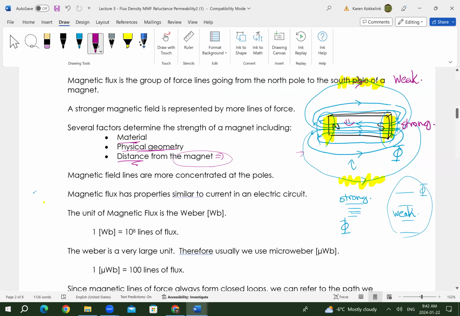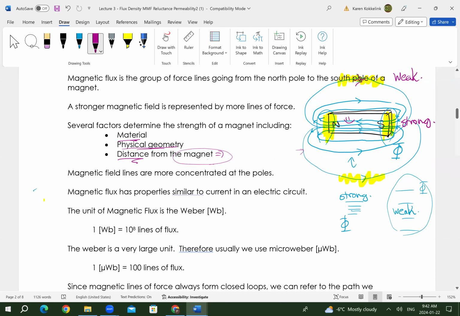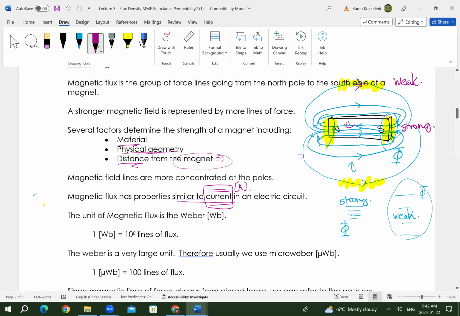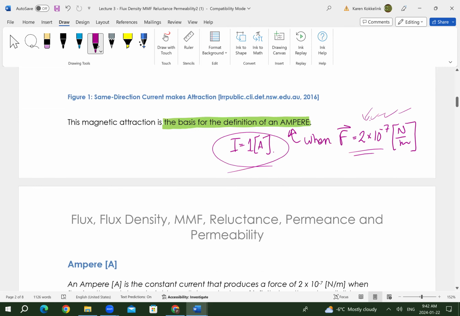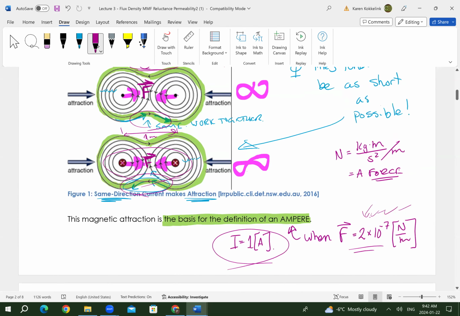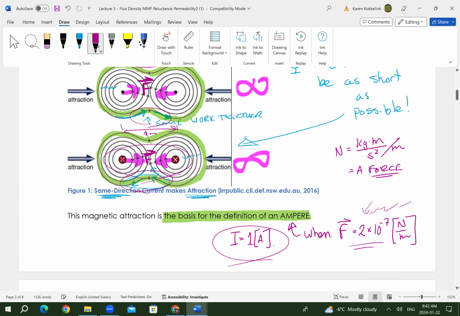They do have properties similar to current, measured in amps, in an electric circuit. We can think about that if we go back to the definition of an amp. If I put more current through these current carrying conductors, I'm going to get more magnetic attraction.